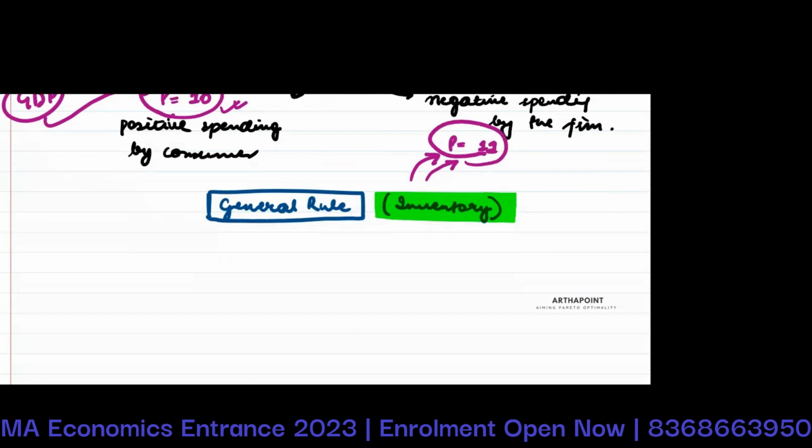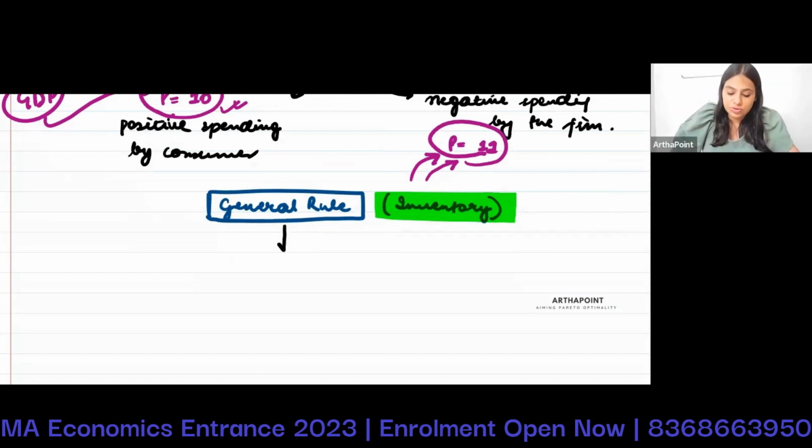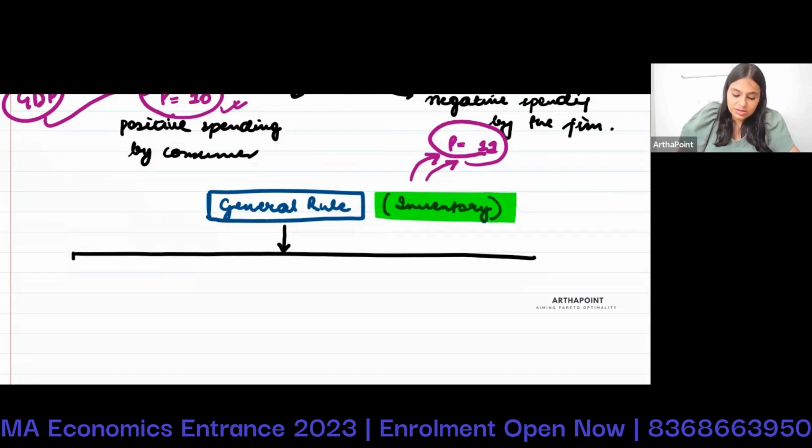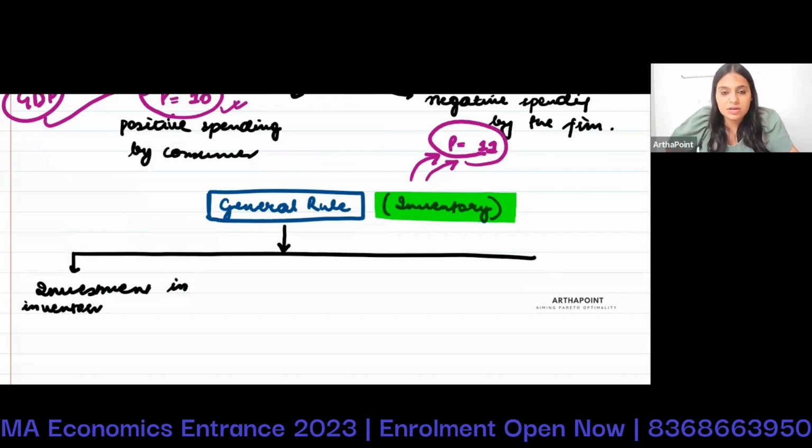Okay. Now let's write down the general rule then. If there is investment in inventory, suppose they say inventory investment, it just means that the firm could not sell the product, so it kept it to itself. It will be added in that year's GDP.